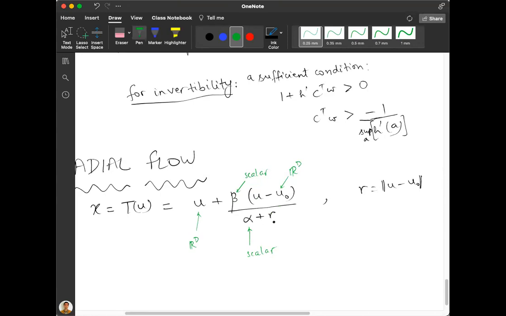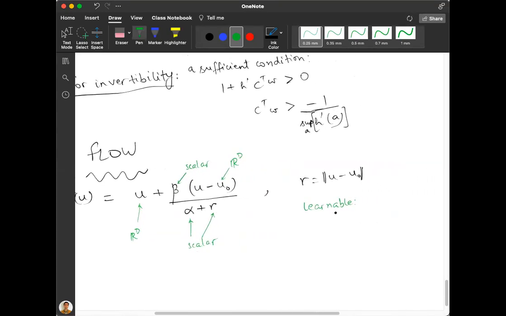And r is again just a scalar. So how many learnable parameters are there? D plus 2. We have beta, alpha, and u naught, which is 1 plus 1 plus D. So D plus 2 learnable parameters.